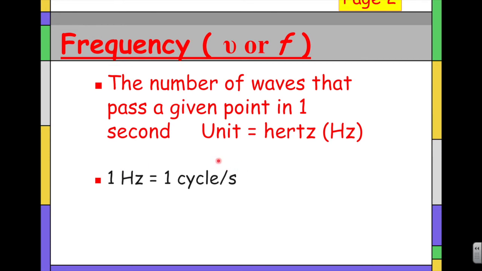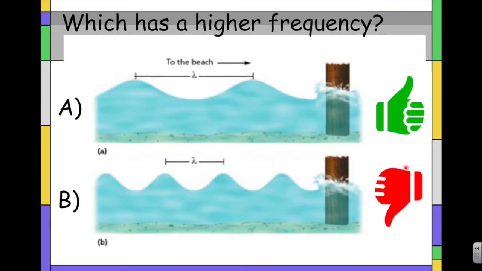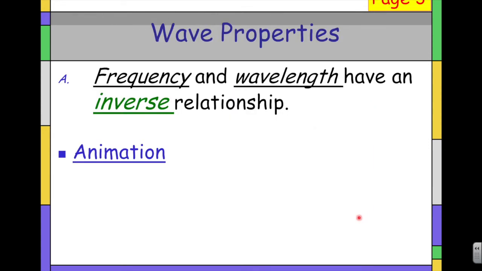That's what we mean by hertz. So which one has a higher frequency? Well, that would be the one on the bottom, right? You're getting more waves, so you're going to get more frequency. Frequency and wavelength have an inverse relationship. What that means is as one goes up, the other one is going to go down. Now we're going to look at that simulation.